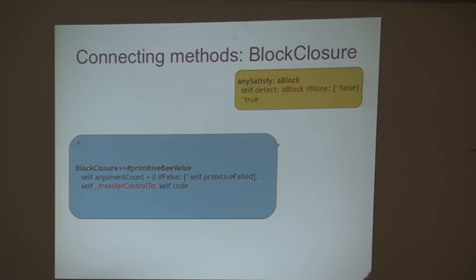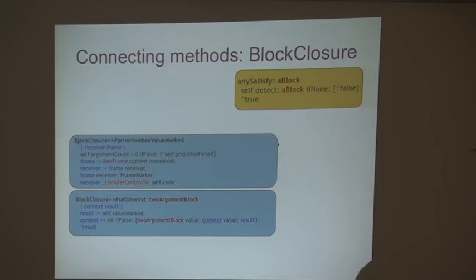Everything that is involved in evaluating a block is done actually by the bytecodes, when you enter the compiled method. So evaluating a block is just taking the address of the native code, pushing the arguments, and calling. Here we are just transferring control to the code of the block.